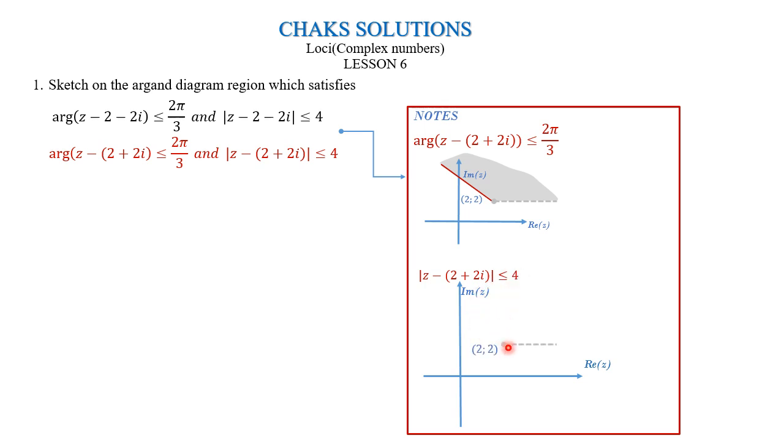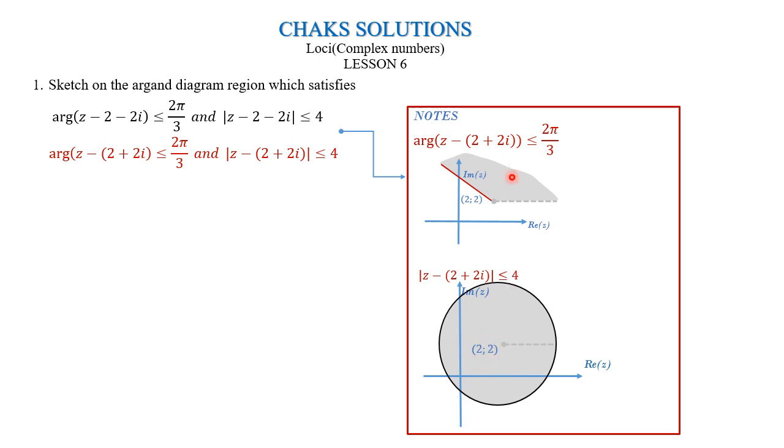So this is our circle with our radius of 4 units, and our circle is a continuous circle because the points on the circle are included here. So now we are shading inside the circle, because the distance from the center 2, 2 to any point inside the circle will be less than 4, and moving from the center to any complex number on the circle will be equals to 4. So the region will be inside the circle here. So we are shading inside the circle.